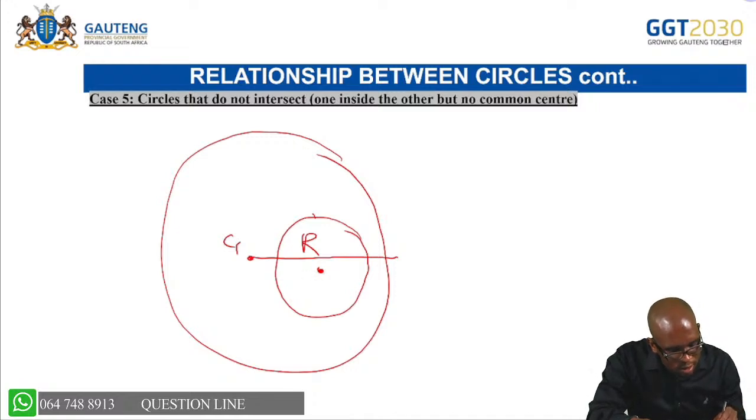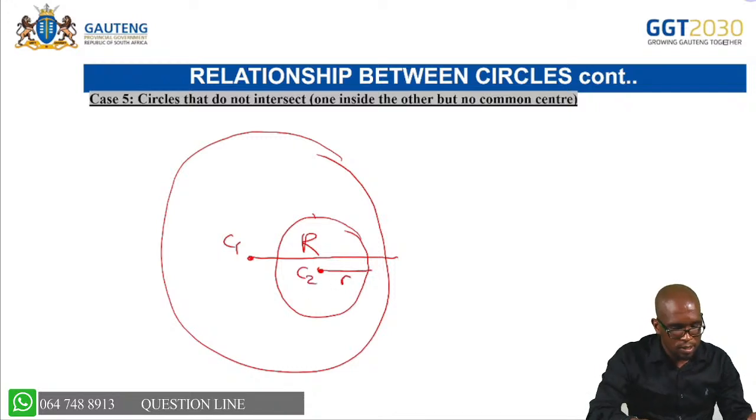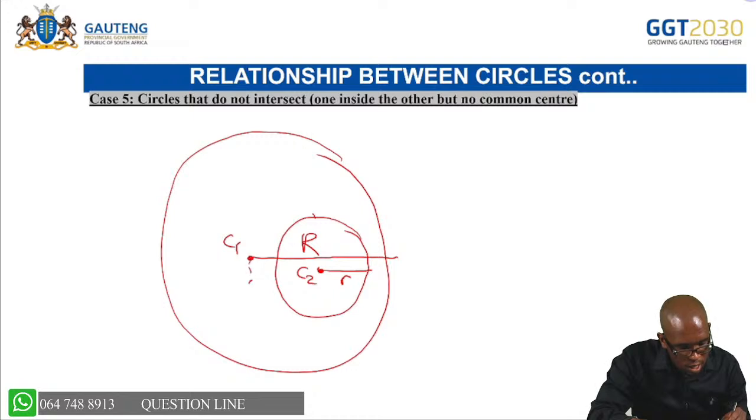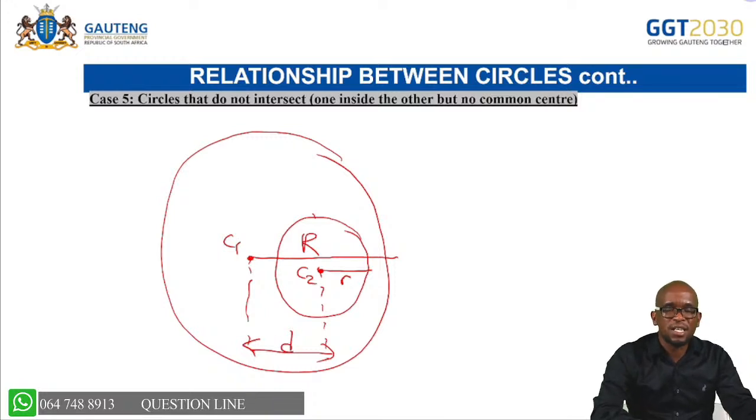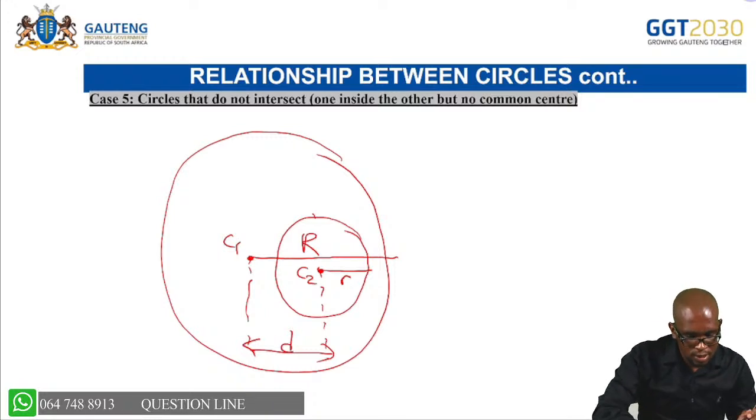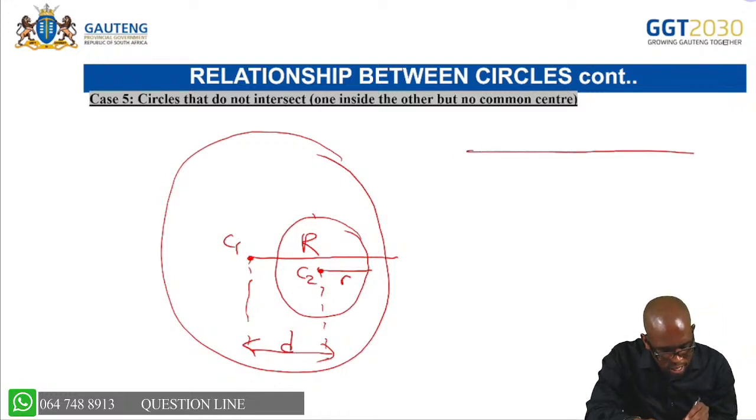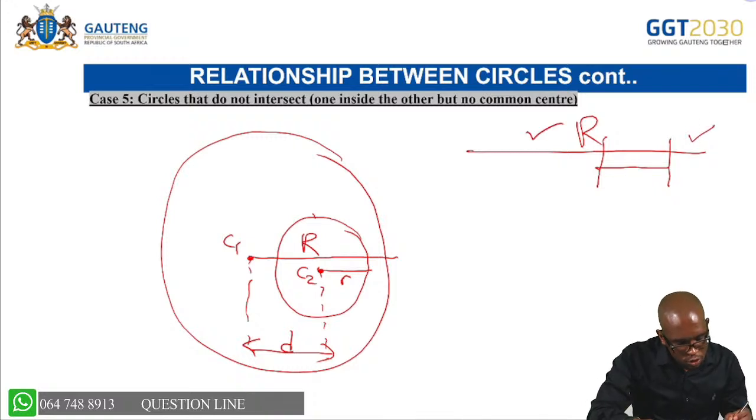We can work out the center C2 and the radius small letter r. Now, if we compare that with the distance between their centers, you can see here that if this is the line R, and you subtract this part here, there will be this portion that would be left and that portion that would be left.